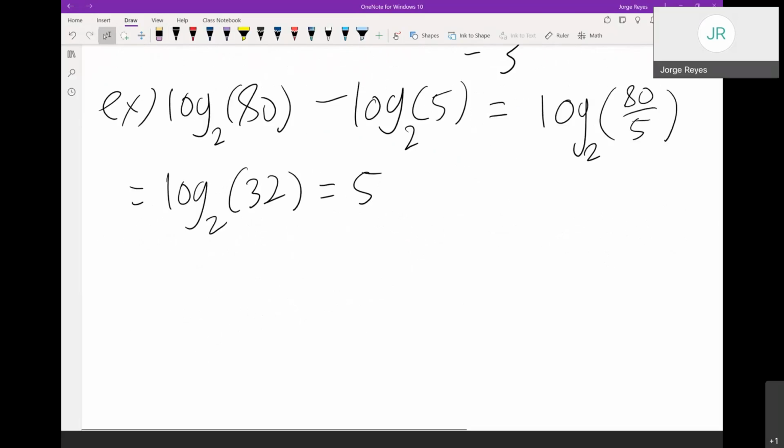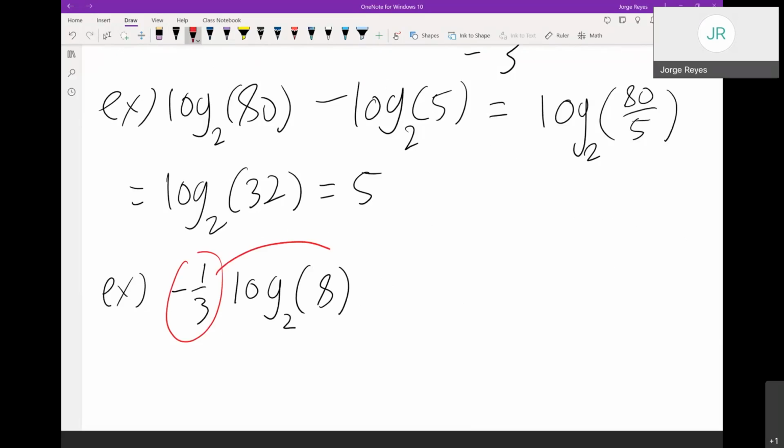And then lastly, if I have negative 1/3 log base 2 of 8, I can then use the power rule and stick that in there.